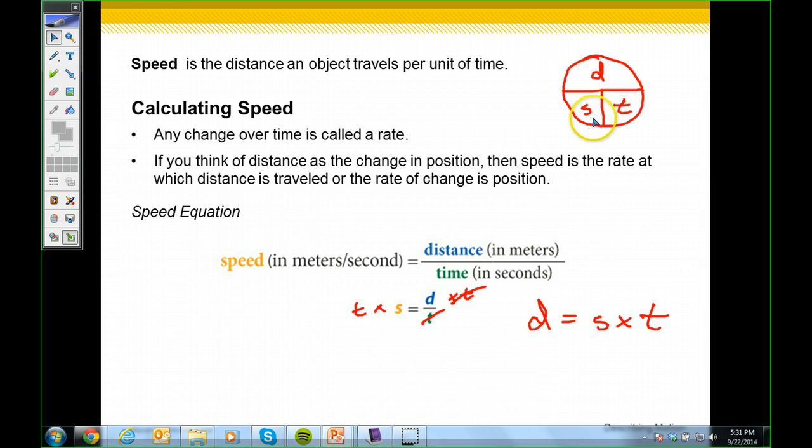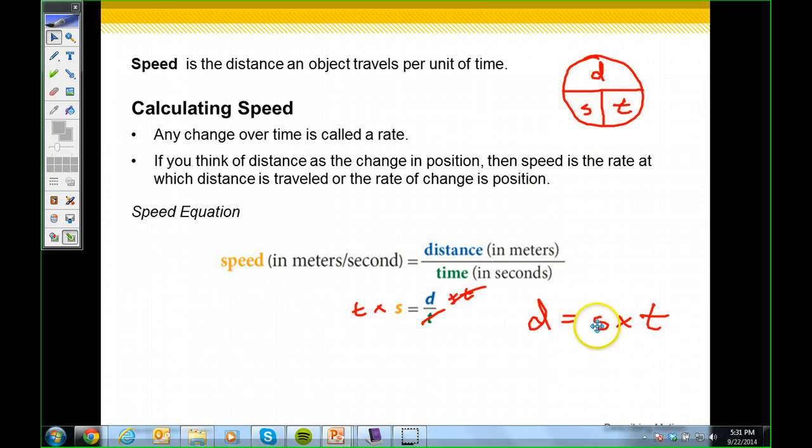The reason I'm doing that is because of what it now does. If I cover up speed, look what's left: distance divided by time. If I cover up time, because that's what I want to solve for, now I get distance divided by speed. And if I cover up distance, because that's what I want to figure out, how do I mathematically do it? Speed times time.